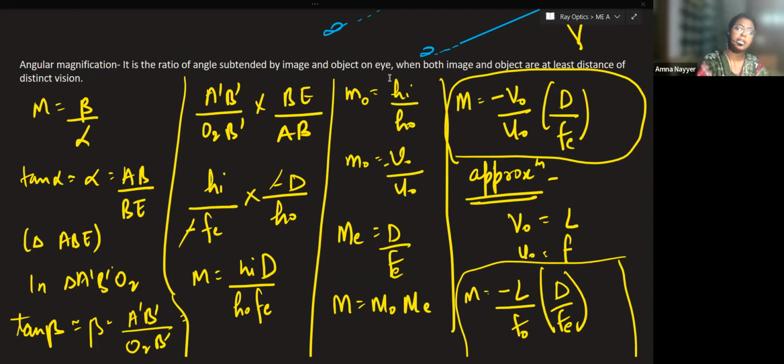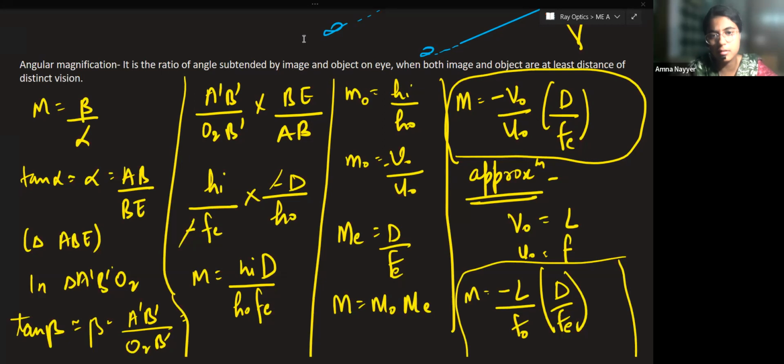And Hiba, at infinity? Yes, Hiba, at infinity. When the image is formed at infinity, what is the magnification for the simple microscope?